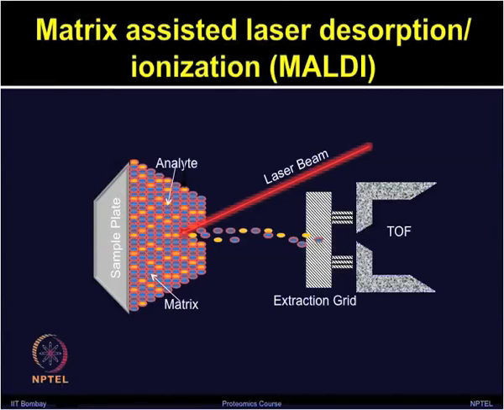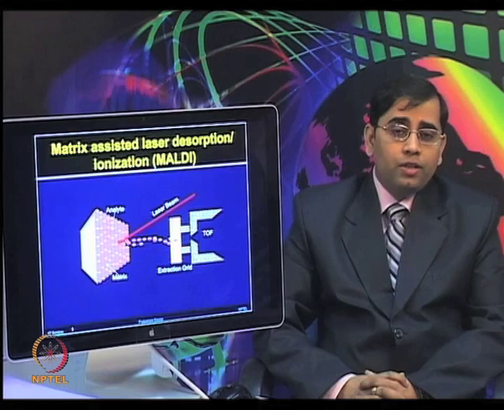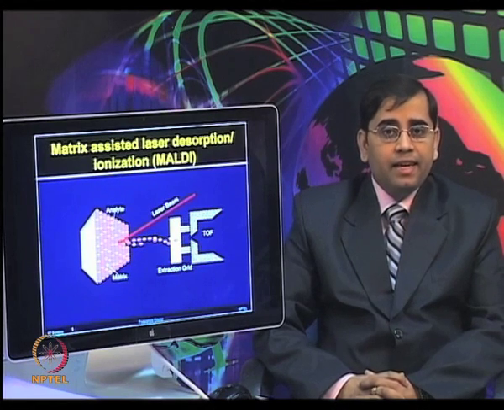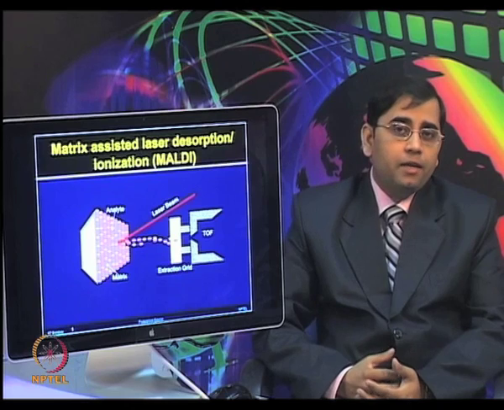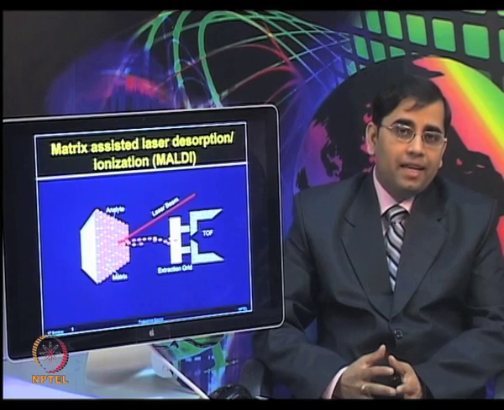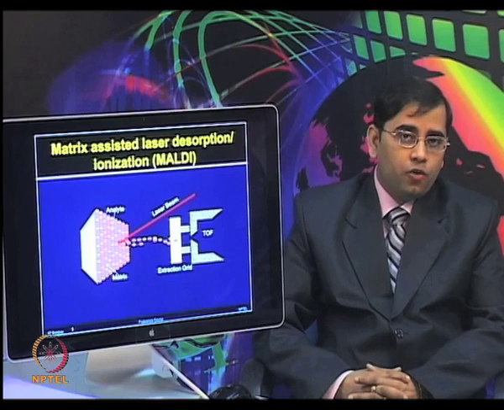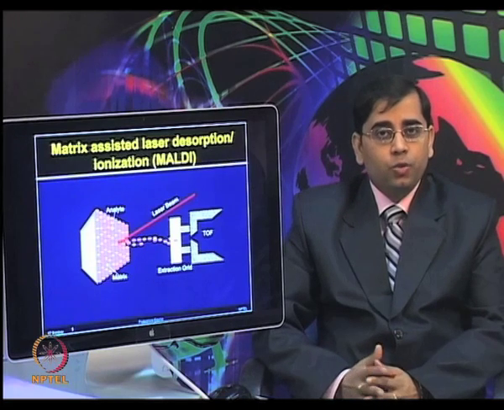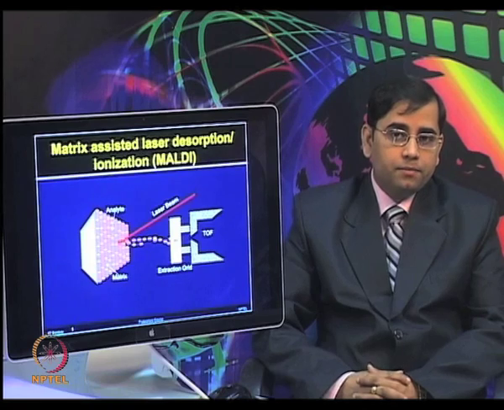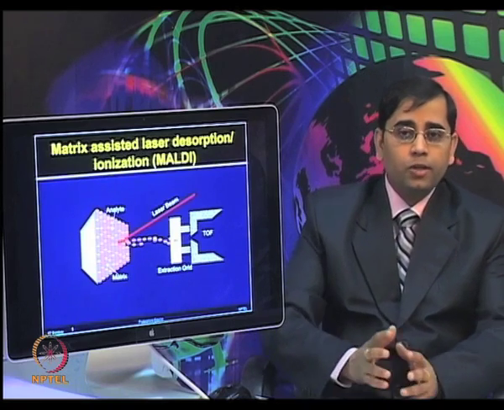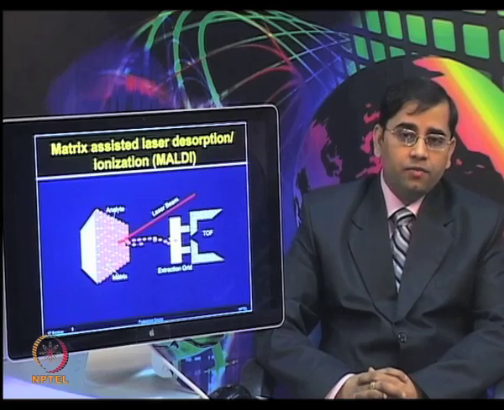Then rapid sublimation converts the analyte into gas phase ions. Once generated, these ions accelerate away from the target plate through the mass analyzer, which is the time of flight, TOF, tube, and reach the detector. This process is shown on the right hand side of the slide.